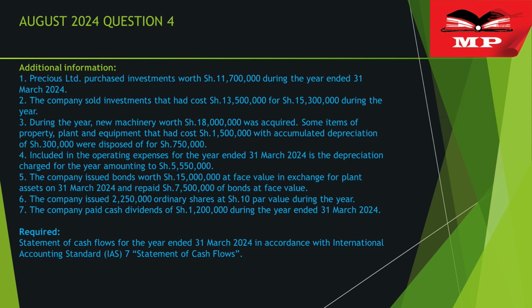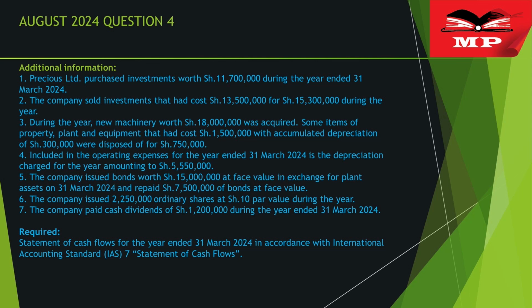Sold investments, underline that. Number 3, during the year, new machinery worth 18 million was acquired. Some items of property, plant and equipment that had cost 1.5 million, with accumulated depreciation of 0.3 million, were disposed of for 750,000 shillings.